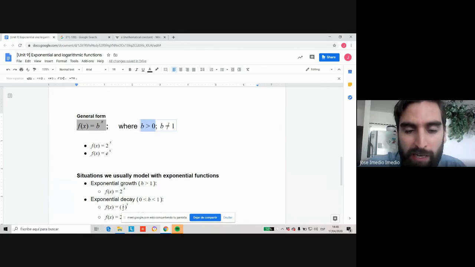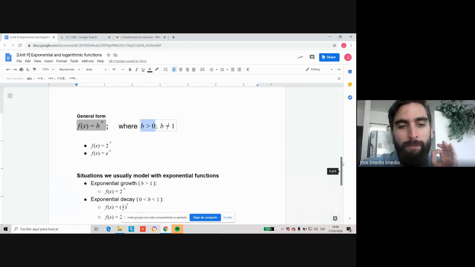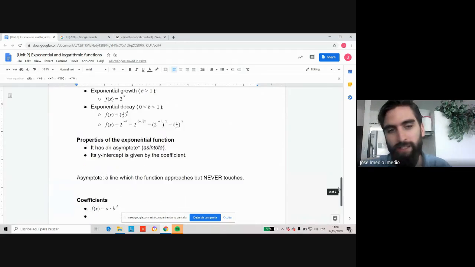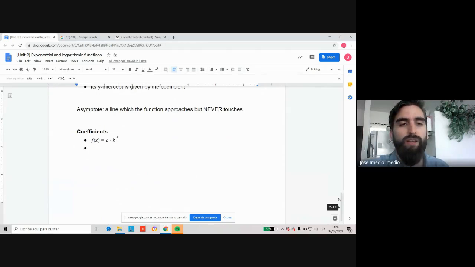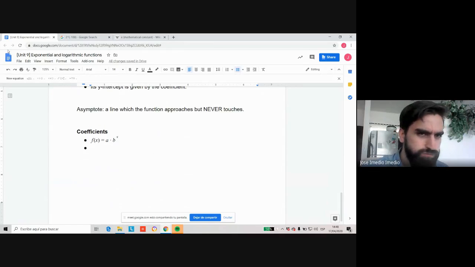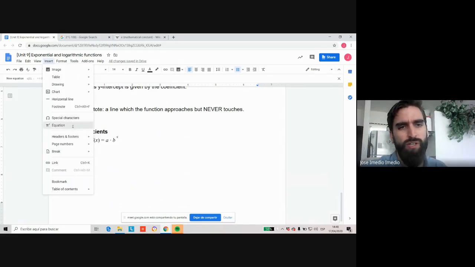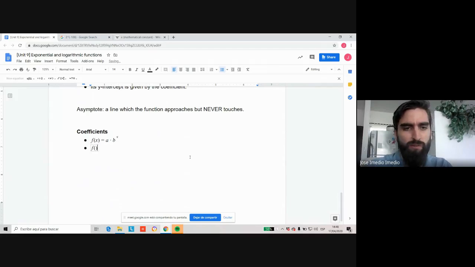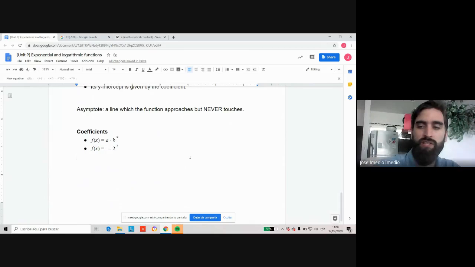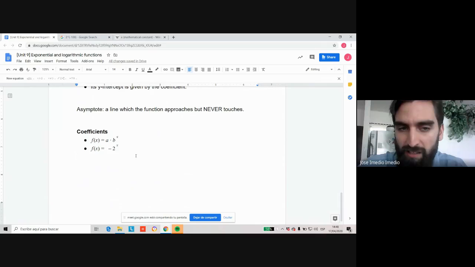B has to be larger than 0. I'm completely sure that somebody listening to that said, wait, I'm sure I saw some exponential function with a negative sign, something like this. Then why is the teacher saying that b cannot be negative?